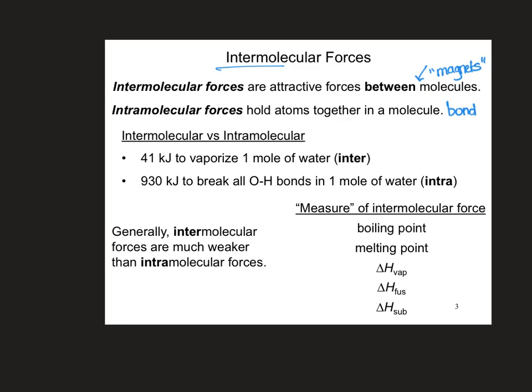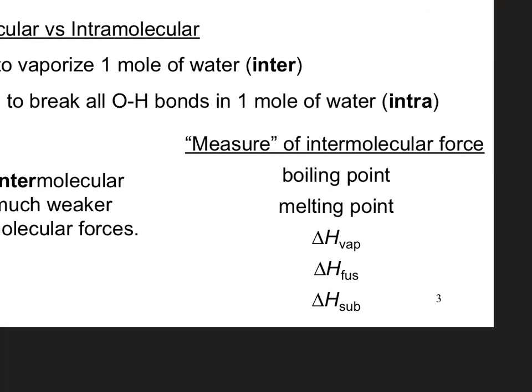Melting point, these other things again. Delta H vap means the heat of vaporization. That's simply the energy needed to vaporize. Heat of fusion, that's the next one. FUS is fusion. That's how much energy it takes to melt, solid to liquid. We use the fancy word fusion. And then anybody want to guess what the last one is?